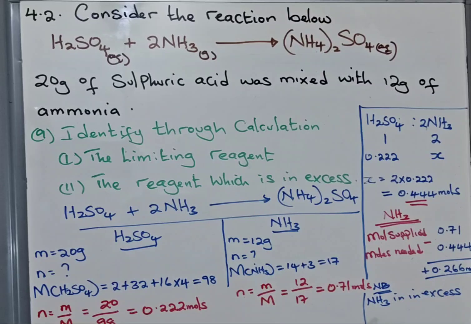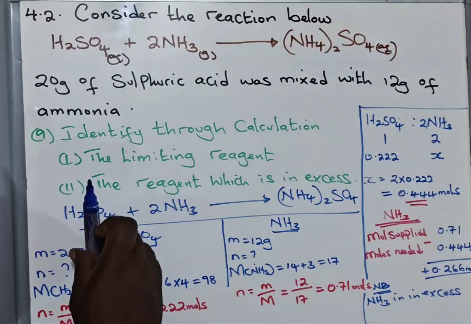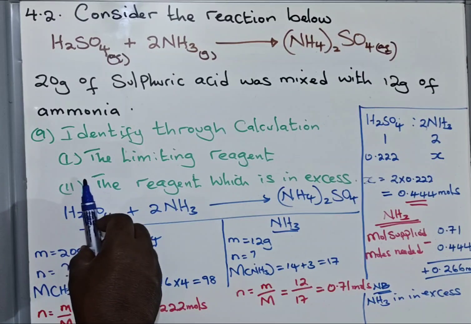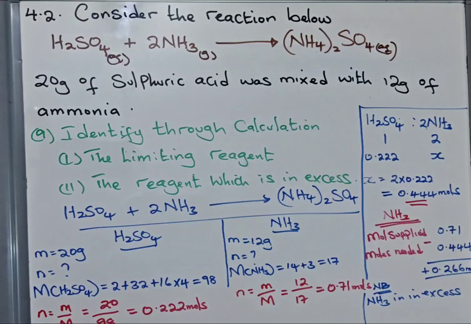So if ammonia is in excess, then its partner on the side of the reactant, which this time around is sulfuric acid, is the limiting reagent. Therefore, sulfuric acid is the limiting reagent.